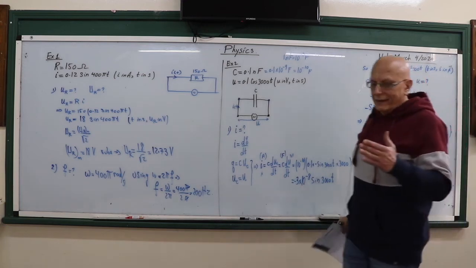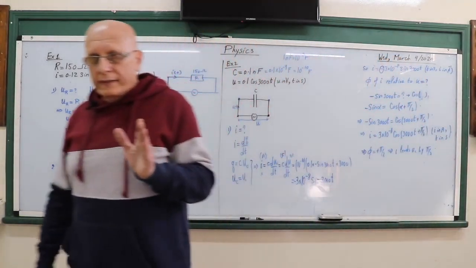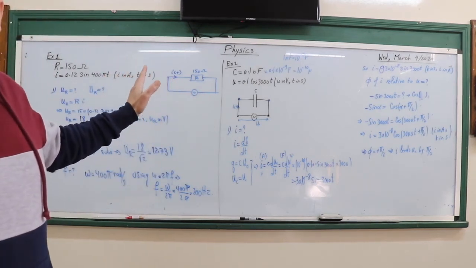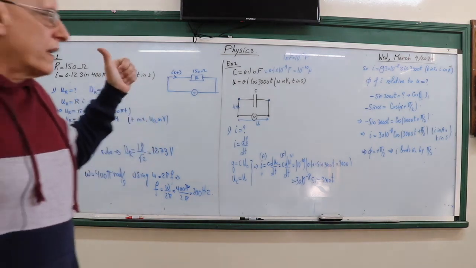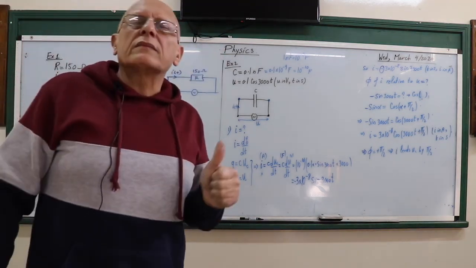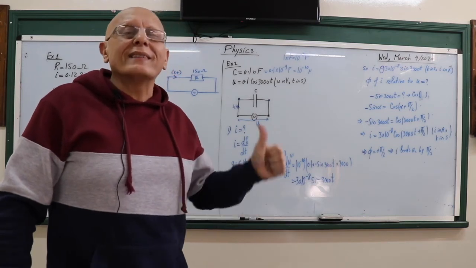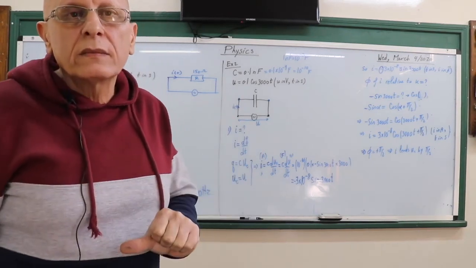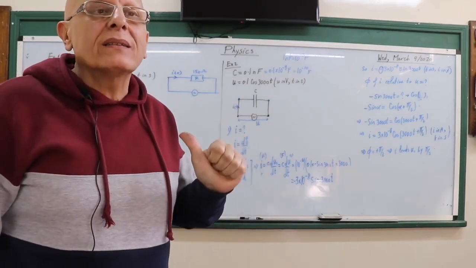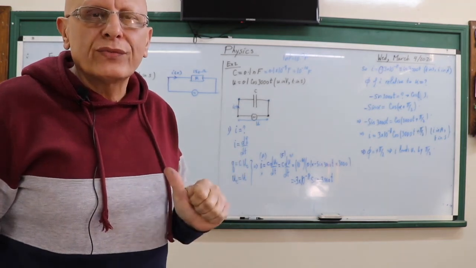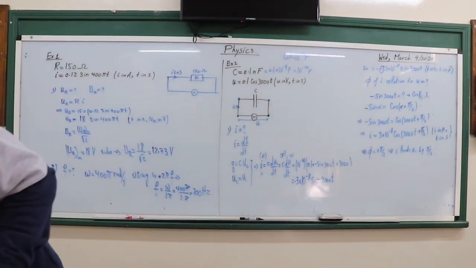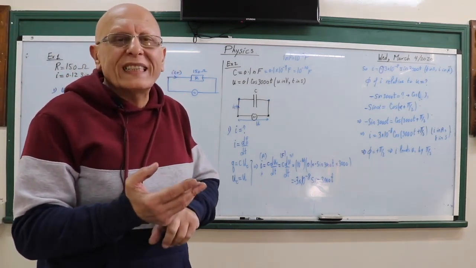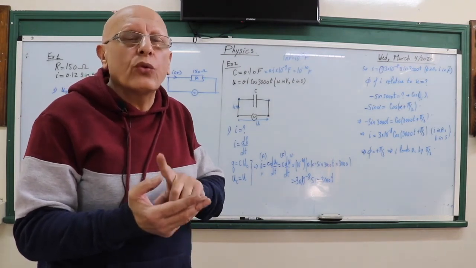And this fits our experimental study and theoretical study of the capacitor. There in the explanation, our reference was I, and we got that UC lags I by pi over 2.